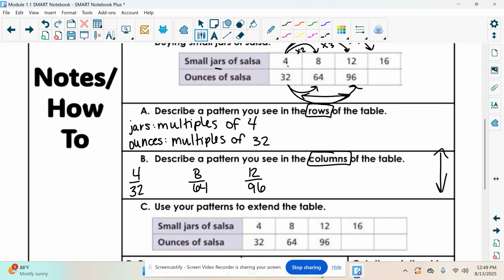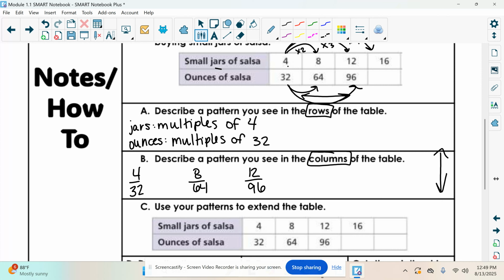What pattern do you notice about those columns? Jaden? So 32 is in 4's multiples.